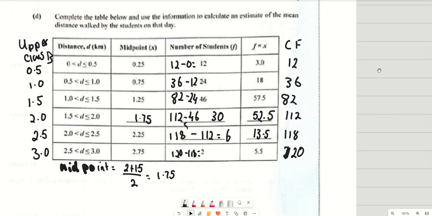So again, complete the table below using the information to calculate an estimate of the mean distance walked by the students. Now we're not finished, right? We did complete this table or the missing points. Now we need to find your mean. Your mean is equal to the summation of fx over the summation of x.